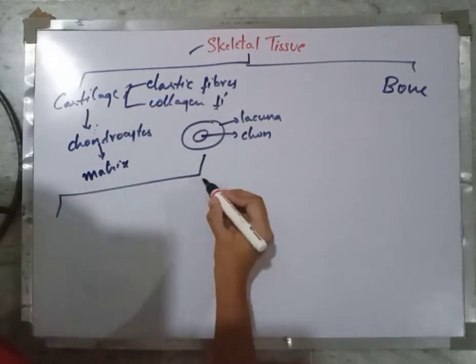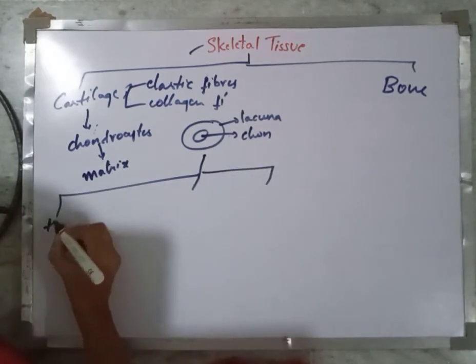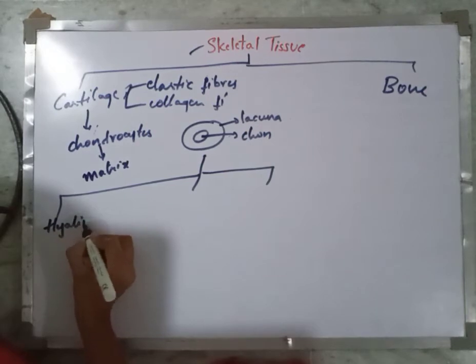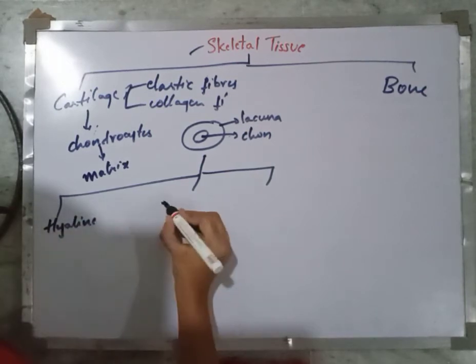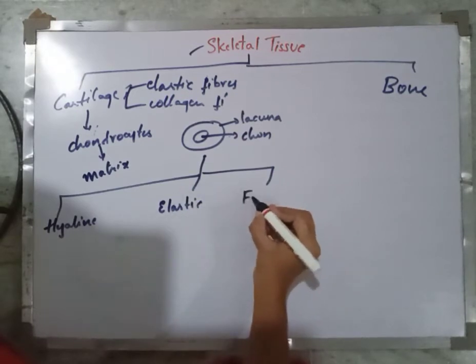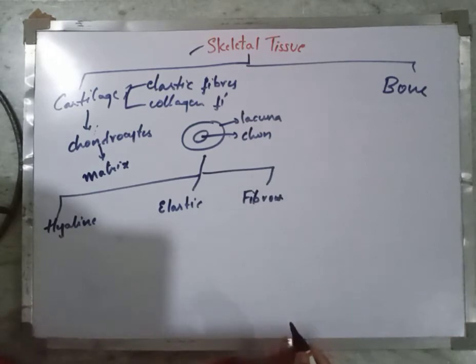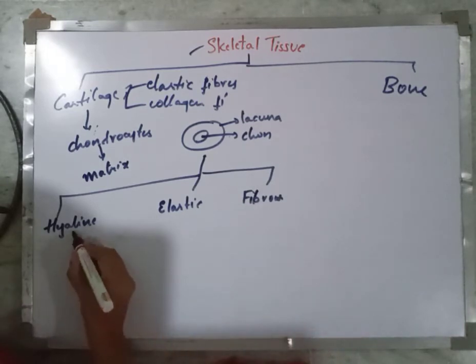They are hyaline cartilage, elastic cartilage, and the third one is fibrous cartilage. Hyaline cartilage is bluish white in color.